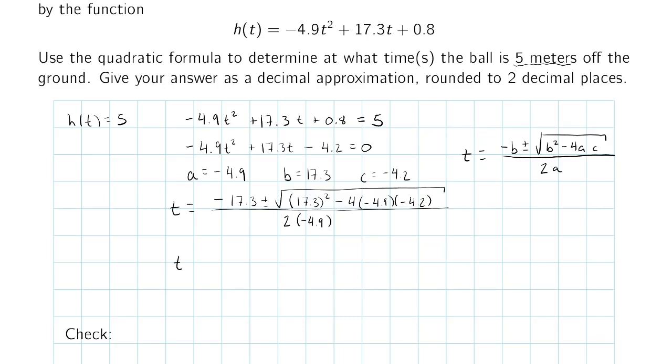So we'll have t equals negative 17.3 plus or minus the square root of 216.97, all over 2 times negative 4.9, which is negative 9.8.